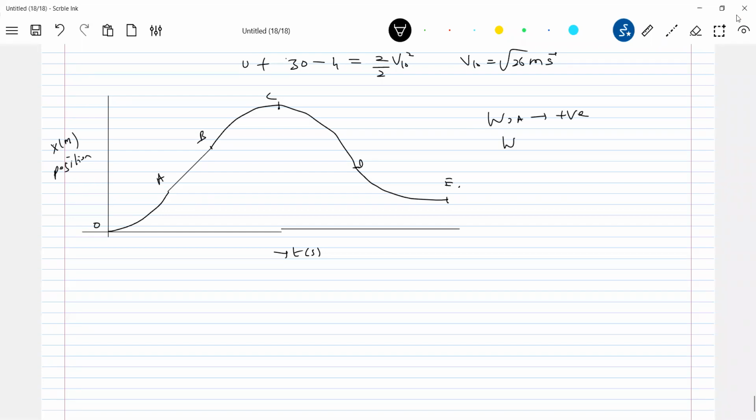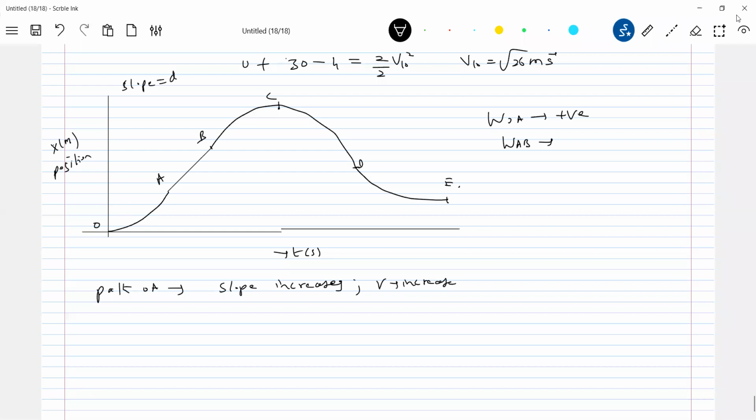What about A to B? Slope constant. Path OA, speed increases. Slope increases, positive slope increases, so therefore V increases. What do you mean by slope here?